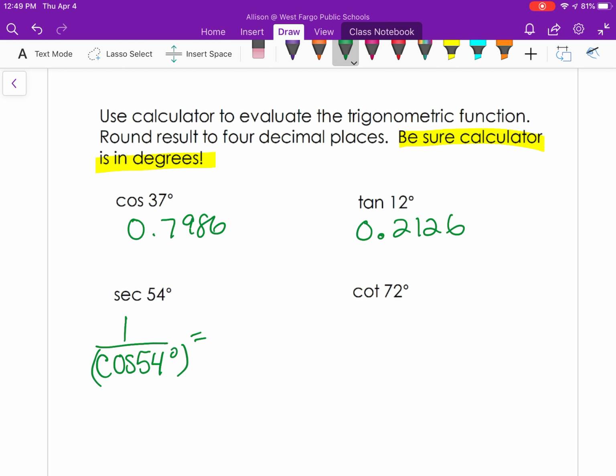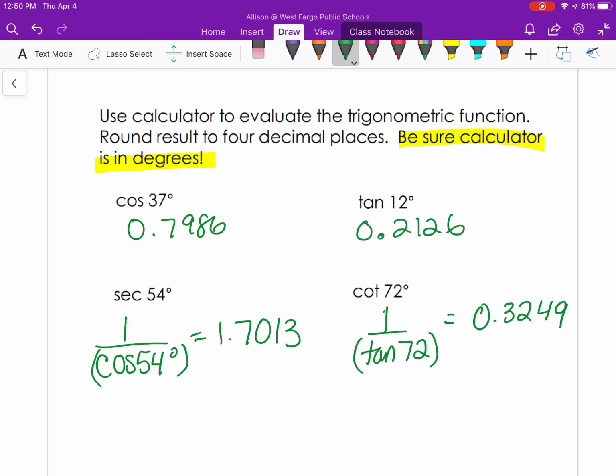You need to type it in like that, 1 divided by the cosine of 54, and you should get 1.7013. And the cotangent is the reciprocal of tangent, so cotangent of 72 is 1 divided by tangent of 72. If you do that in your calculator, you should get 0.3249, approximately.